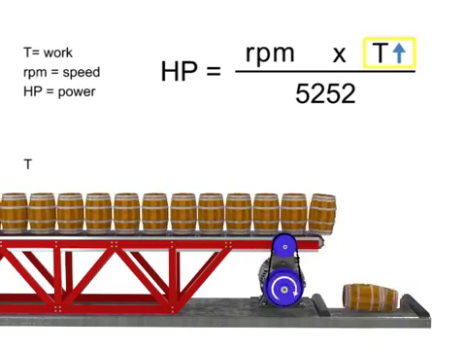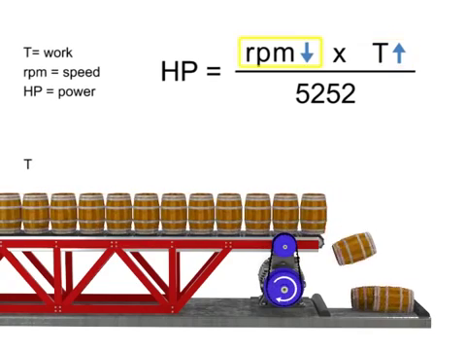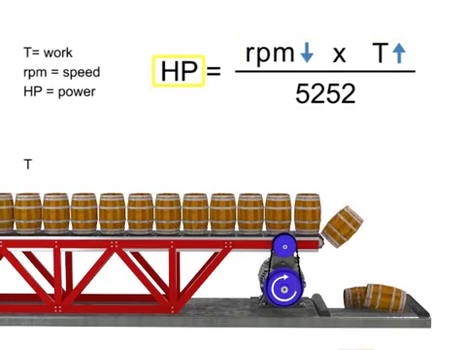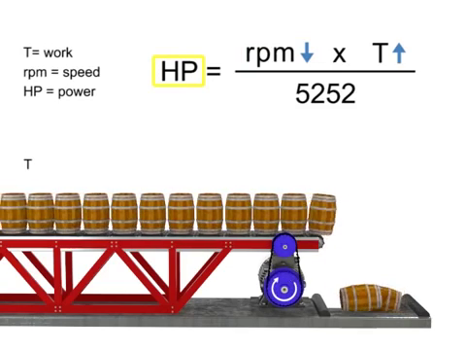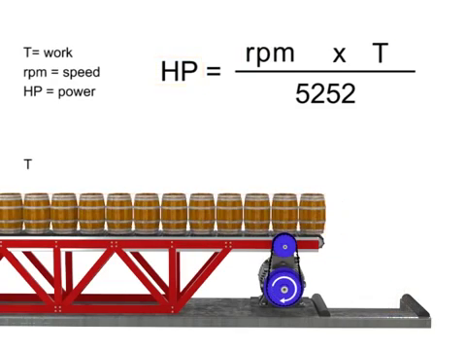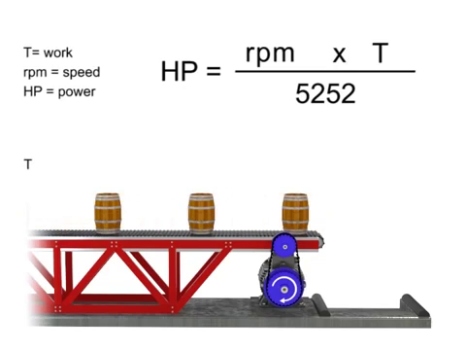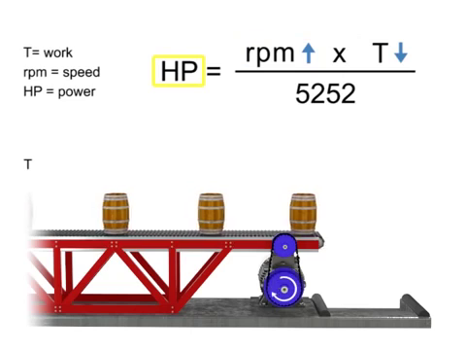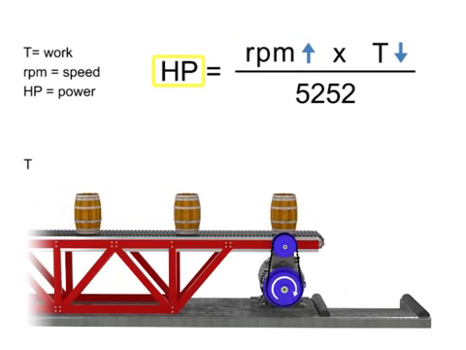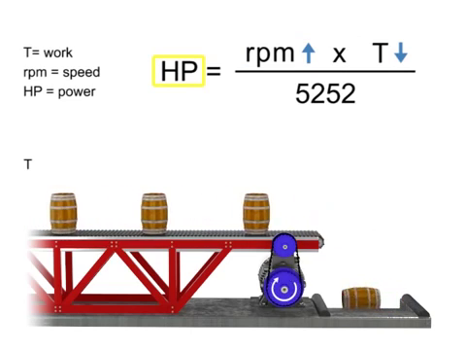If torque increases, the speed of the conveyor decreases so that the horsepower required of the motor remains constant. Similarly, the opposite is true. If the torque decreases, the speed of the conveyor increases and the horsepower generated by the motor remains constant.